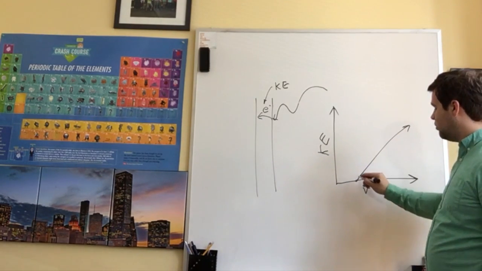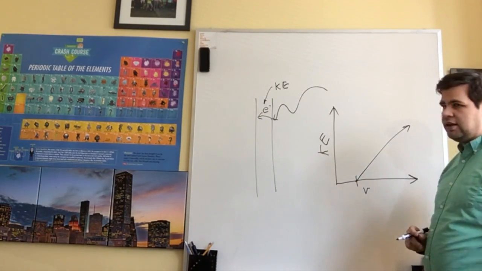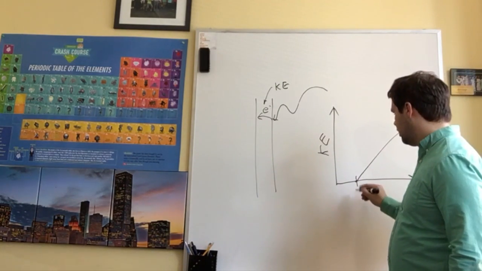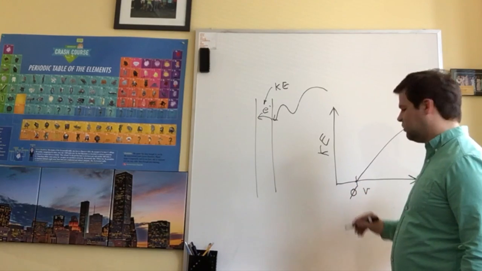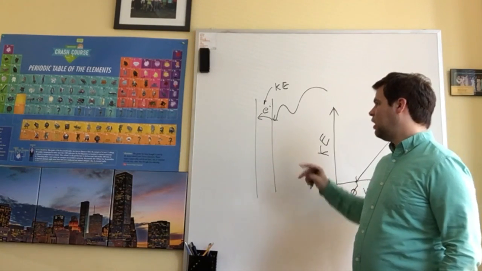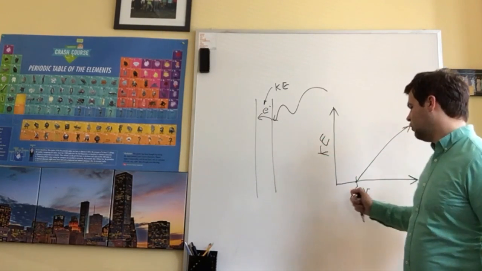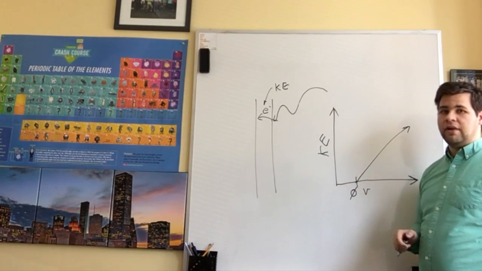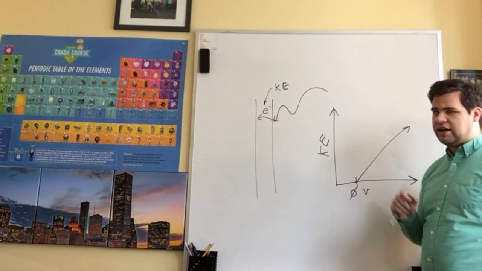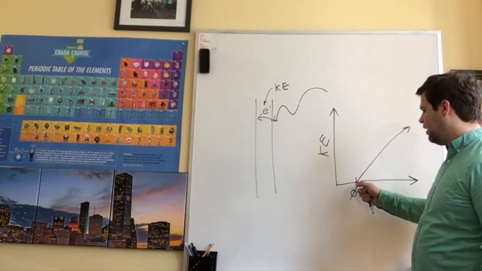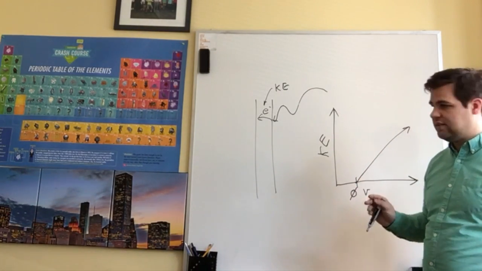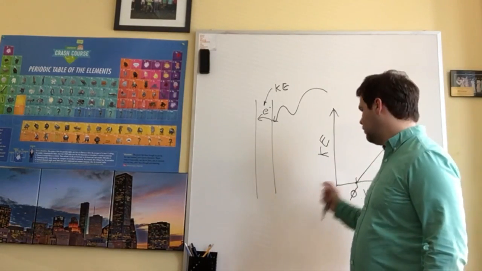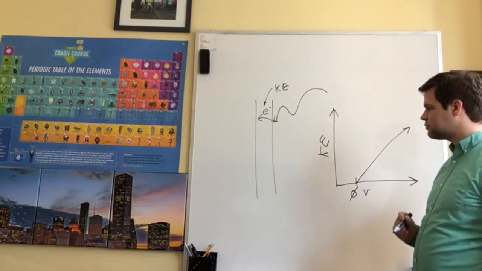So there's some minimum energy that's required, or some minimum frequency, oftentimes referred to as the work function. So every metal has a particular frequency, and any light hitting that metal below that frequency will not eject electrons. Any light, regardless of its intensity, will eject electrons if it's above this frequency.